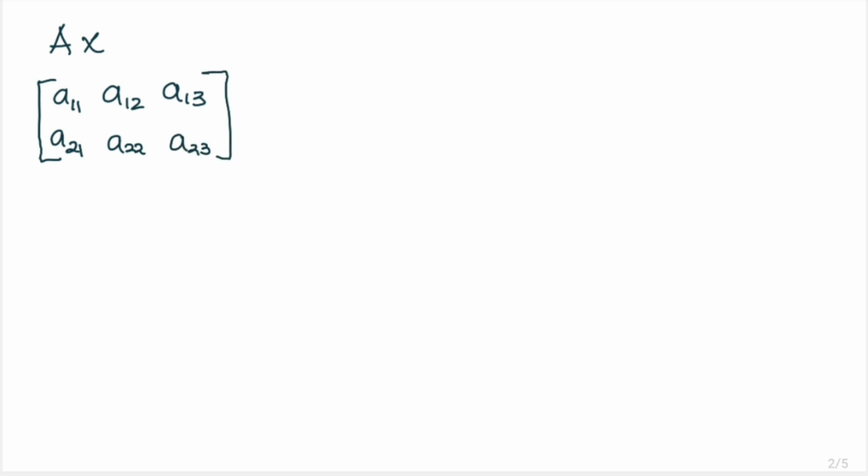This is a 2 by 3 matrix, 2 rows, 3 columns. If we want this matrix multiplication to succeed, we need a vector with 3 components. So we have Ax, and the question is, what is this going to give us? Here we want to do it in more generality. That is why I haven't put numbers for the entries of A, just letters, unknowns, and we're just going to do the multiplication algebraically.